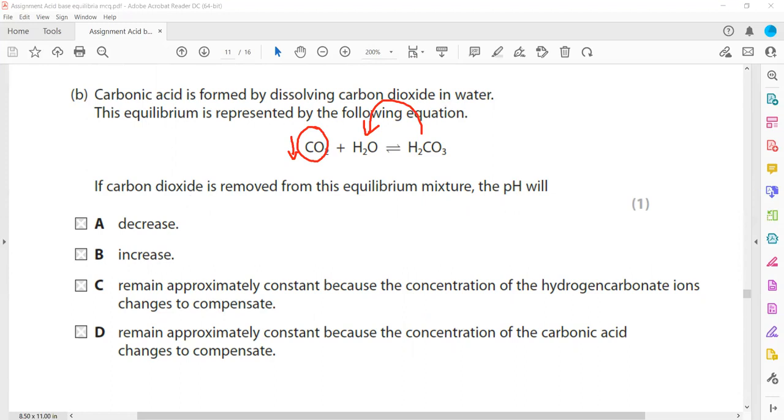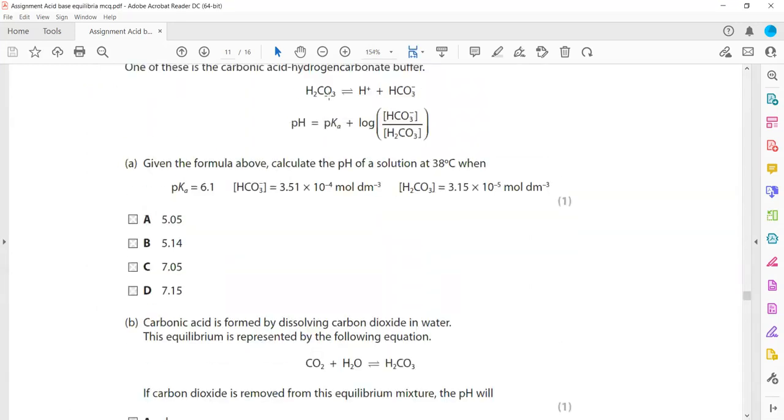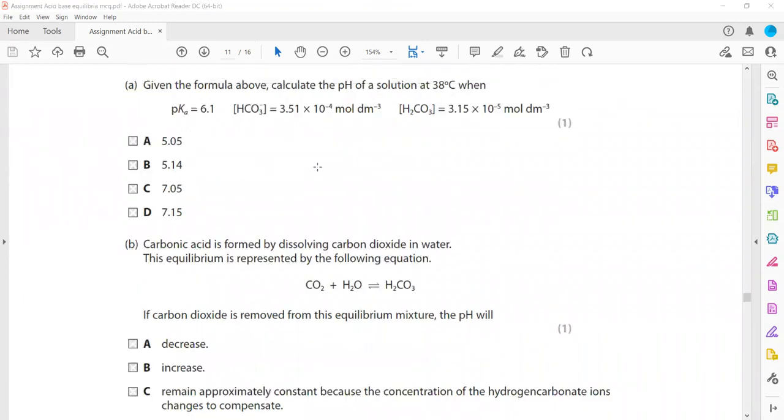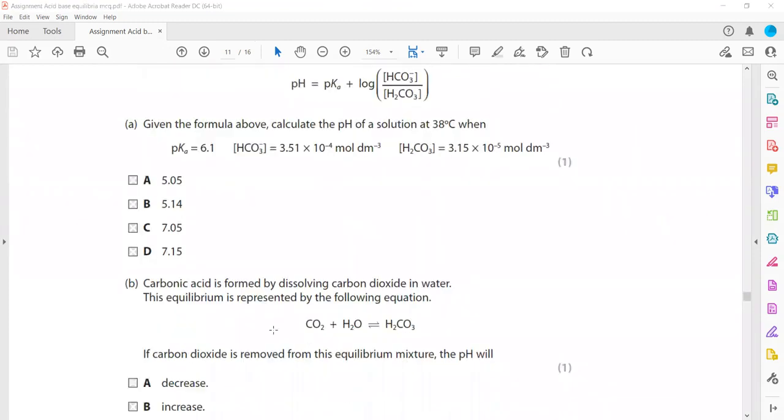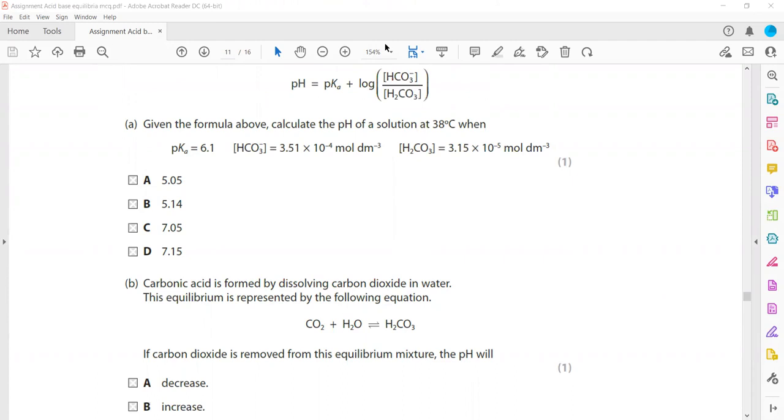So the amount of H2CO3 molecule will decrease, because it will try to shift towards the left hand side.